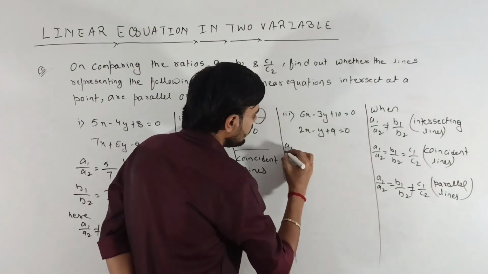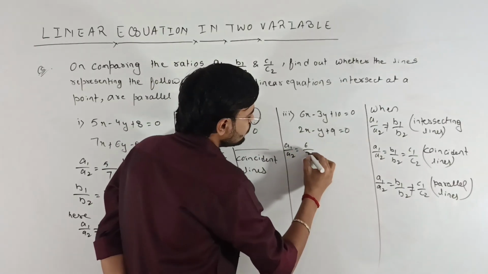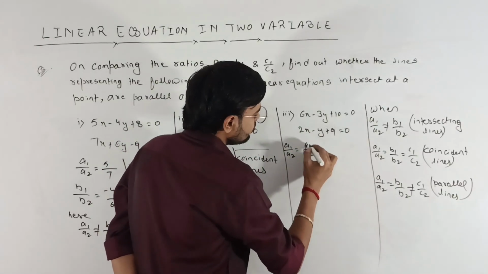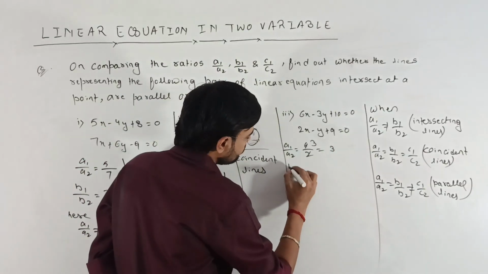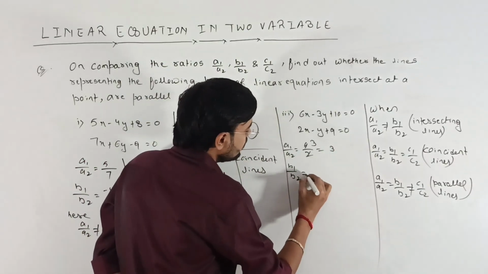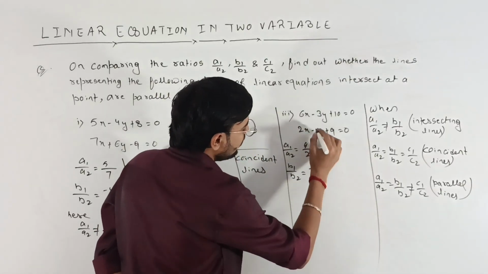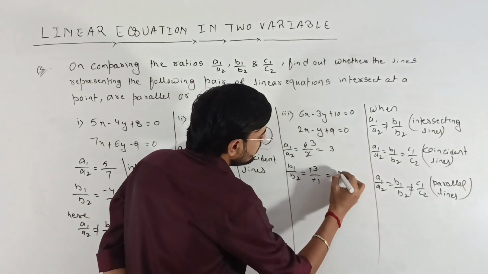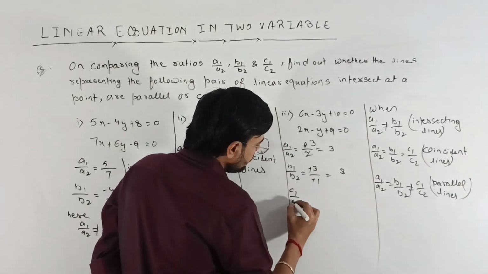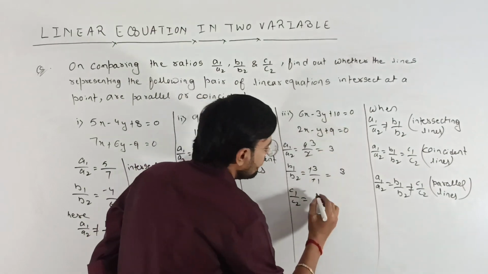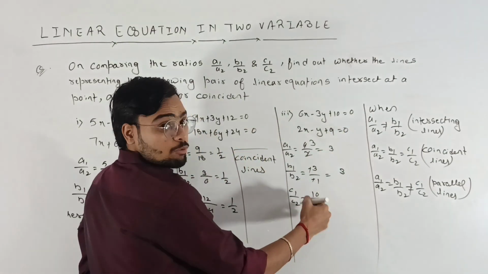Now check the third one. For the third one, a1 upon a2: a1 is 6, a2 is 2, so this is 3. Now b1 upon b2: b1 is minus 3, b2 is minus 1, then minus minus cancel, so b1 upon b2 is also 3. Now look, c1 upon c2: c1 is 10, c2 is 9, so c1 upon c2 is 10 upon 9.